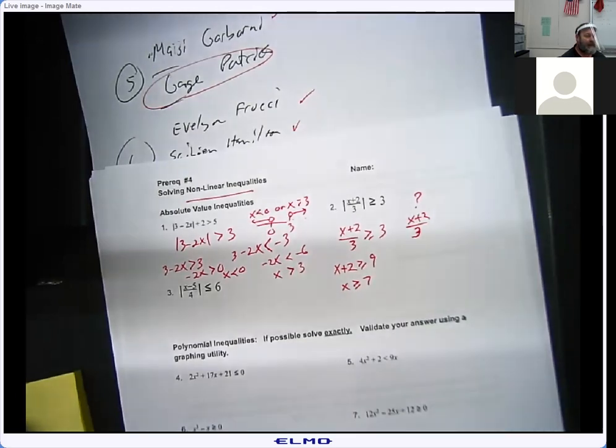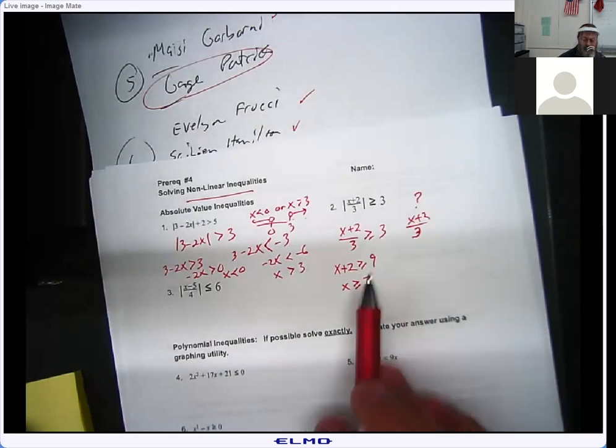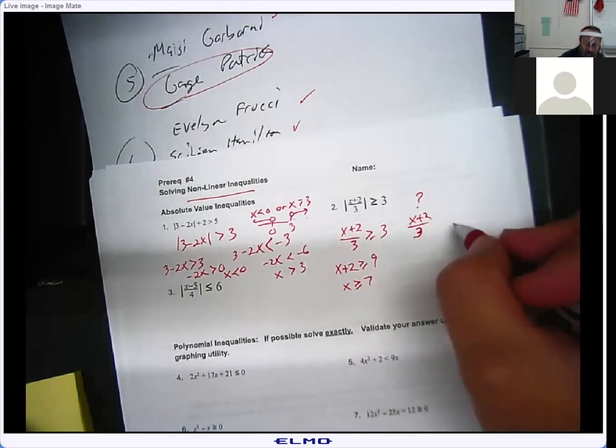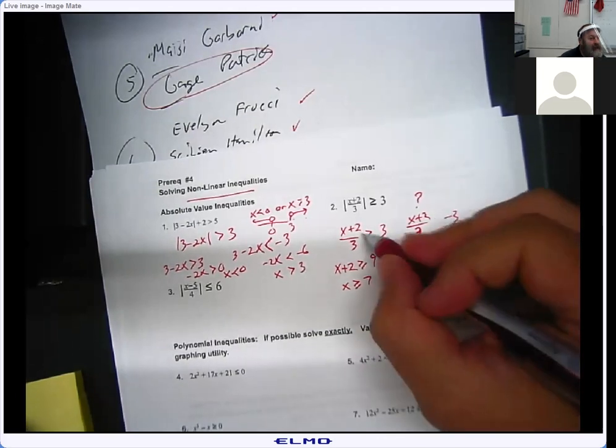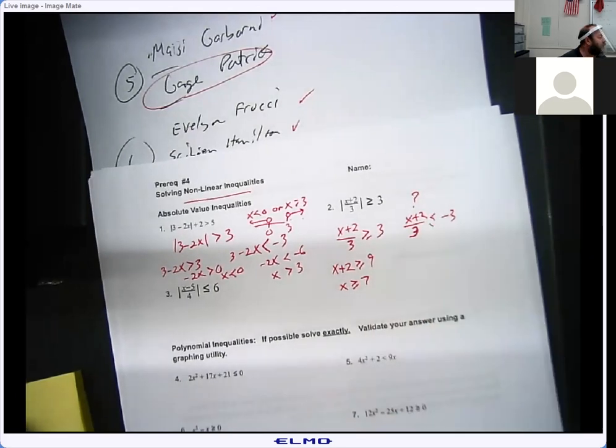That's the one most people are good at. Could somebody tell me what I need to do for the right side of my story? Instead of comparing it to 3, I need to compare it to -3. And instead of making it greater than or equal to, why must it be less than or equal to?